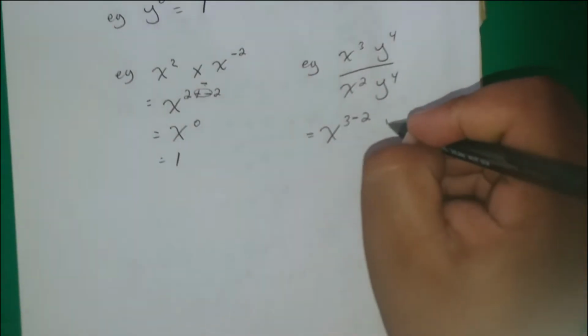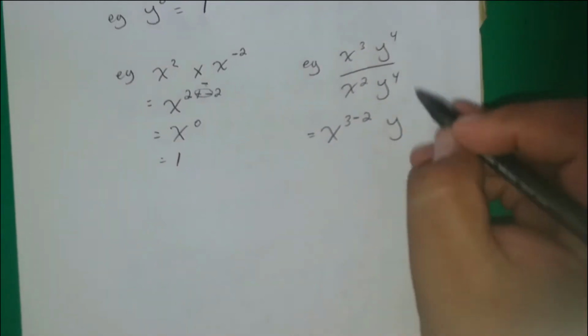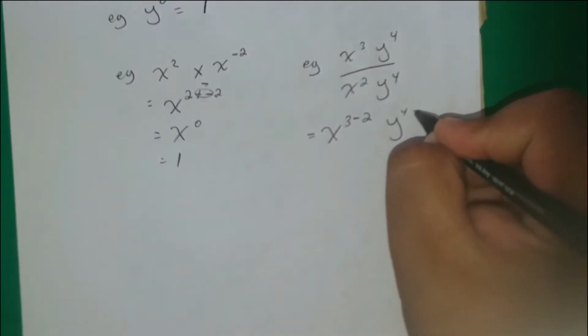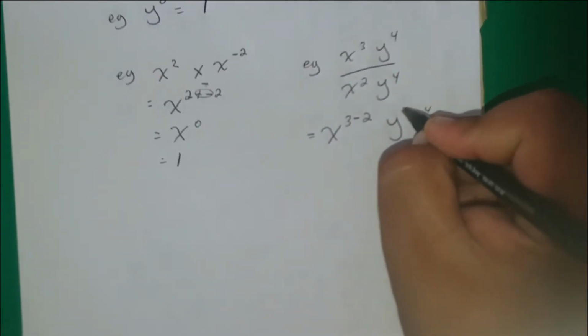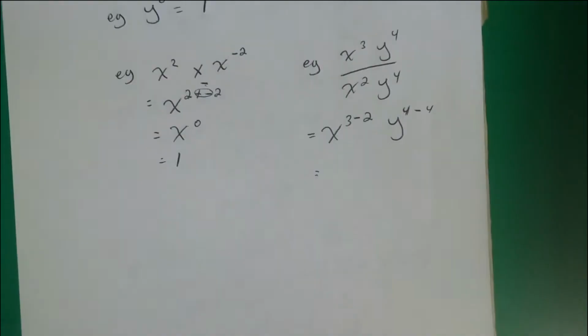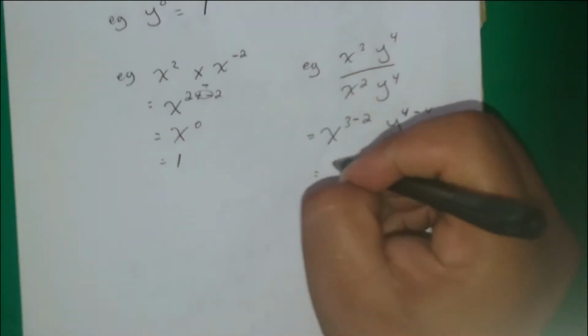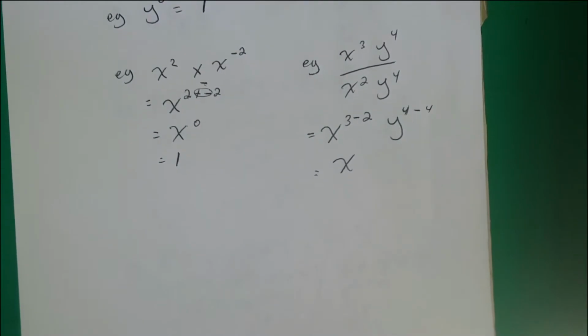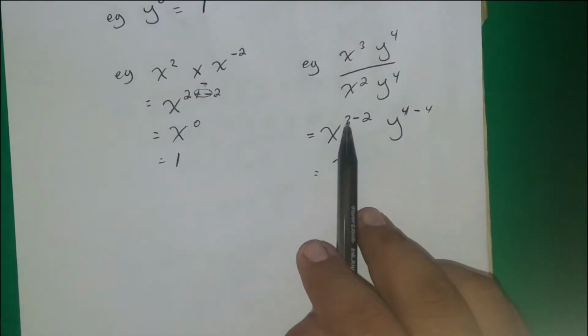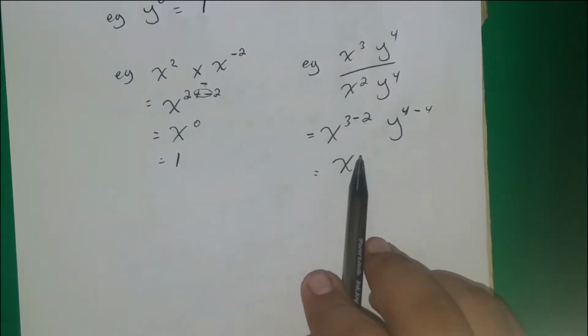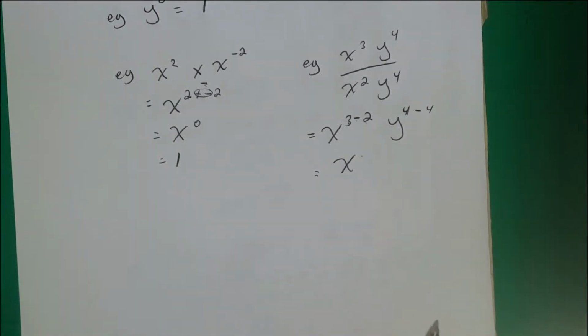And then for the y, we have the numerator, which is 4, minus the denominator, which is another 4. My answer is x by itself, because 3 minus 2 gives me 1, but I don't need to put that 1.